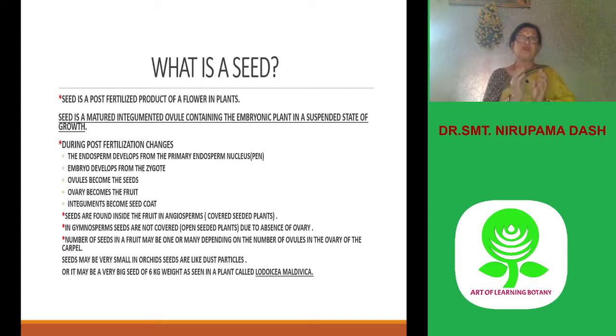Seeds may be very small or very big; very small dust particle like seeds are found in orchids, and a very big size, up to 6 kg weight, is seen in the double coconut called Lodoicea maldivica.